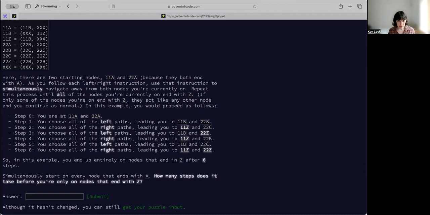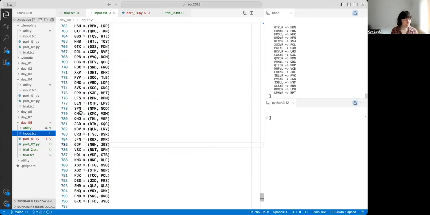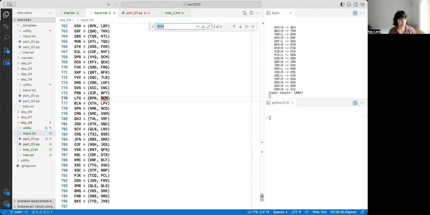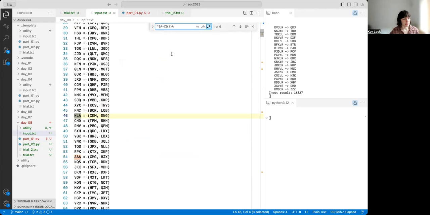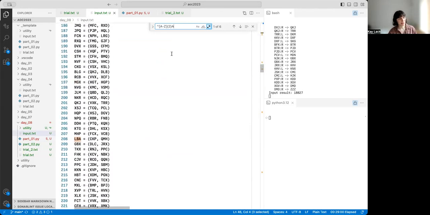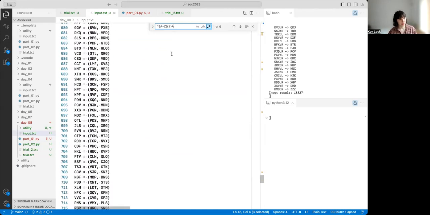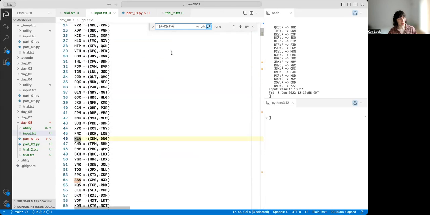I think I can permit myself a little bit of regex here to check how many there are. 6. Oh, well, that's not so bad. That's not so bad at all.